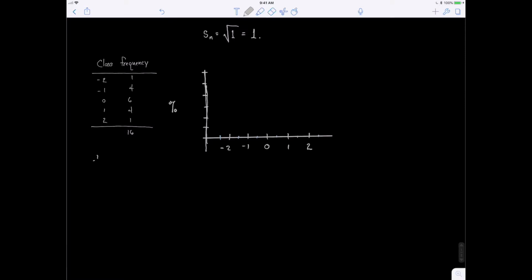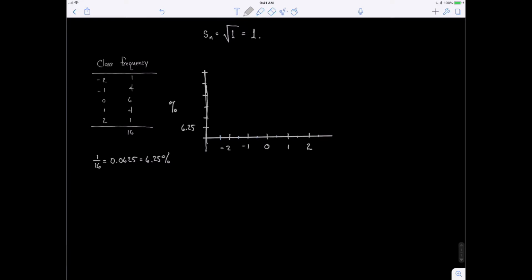Notice that if I have 1/16 and put that in my calculator, that's 0.0625, or you could think of that as 6.25%. So this first one is 6.25%. That's why I already have the percent sign right there, so we won't write that again.